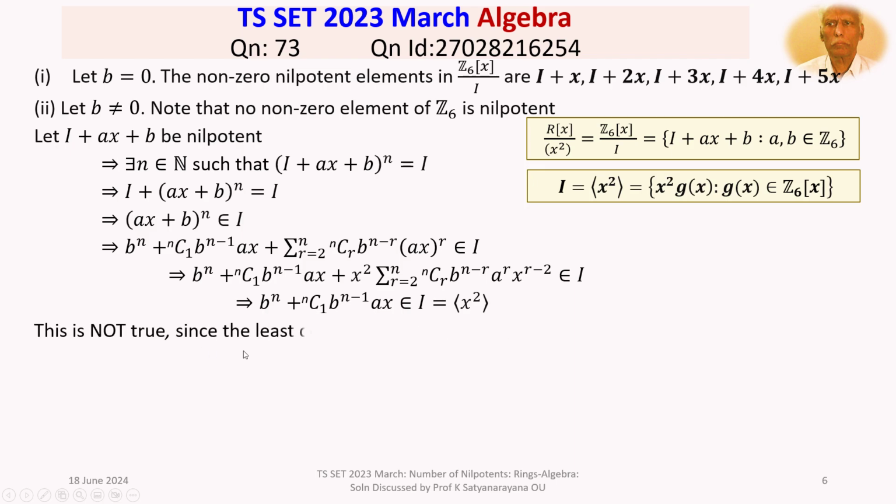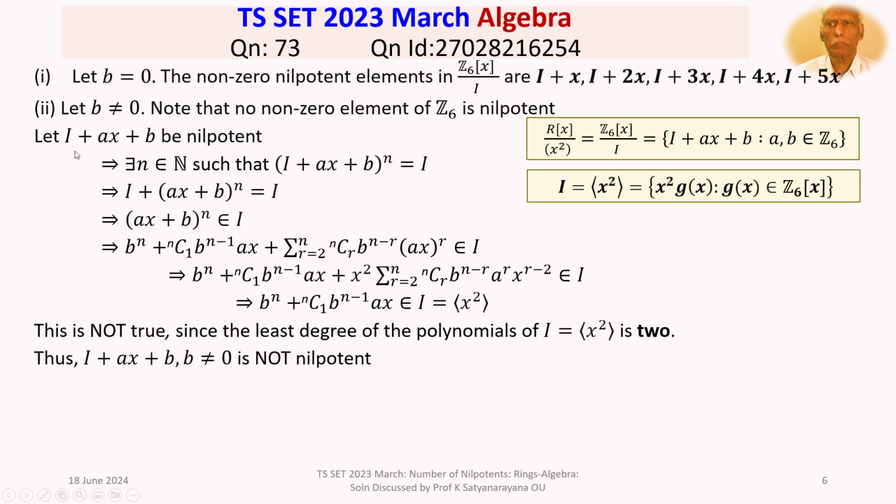This is not true, since the least degree of the polynomials in I, the ideal generated by X square, is 2. The minimum degree is 2, but this has degree 1. So therefore this is not true. This is not true because of your false assumption that I plus AX plus B is nilpotent.